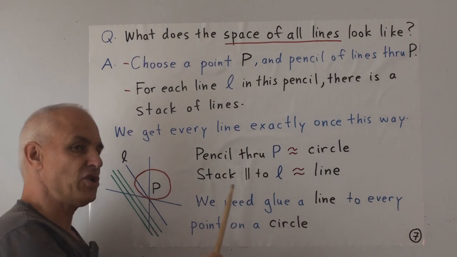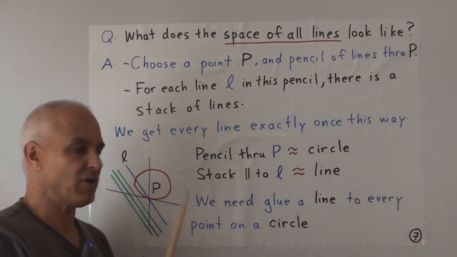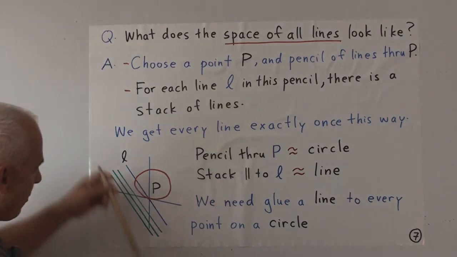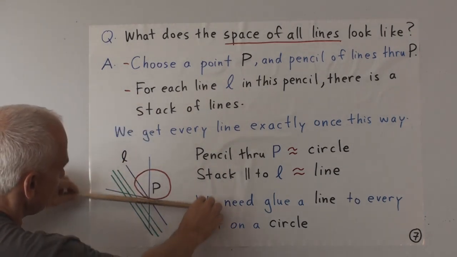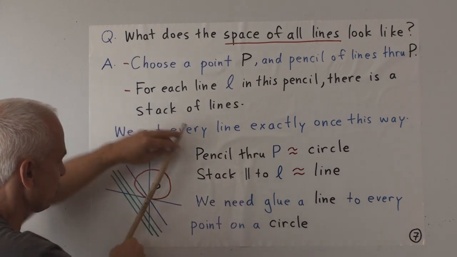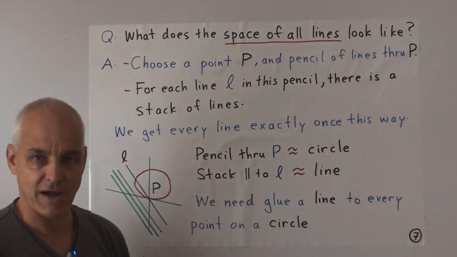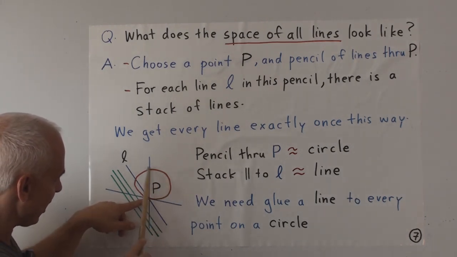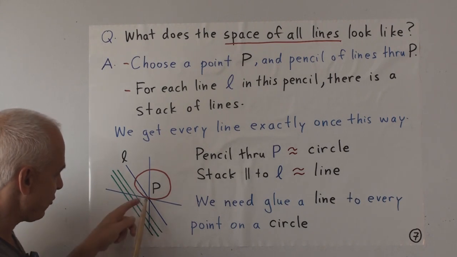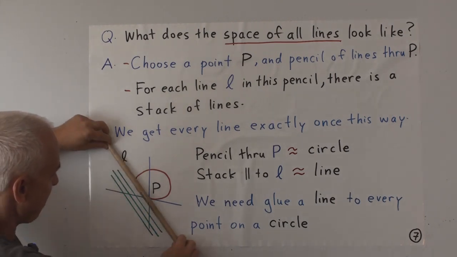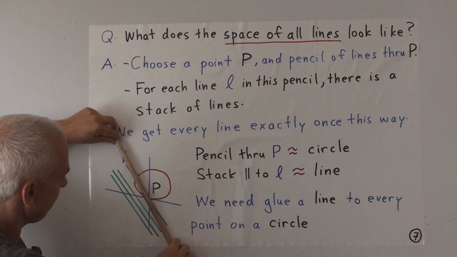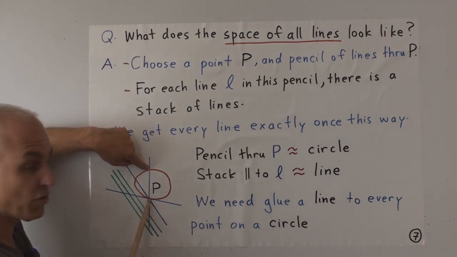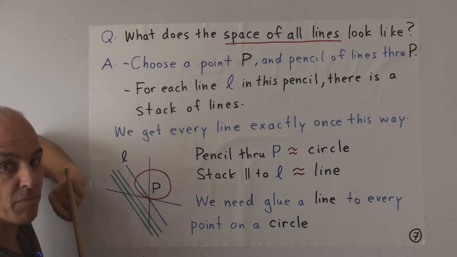So topologically or geometrically, what does the pencil of lines through P look like? Well, the lines through P naturally form a circle of lines. Why is that? Well, it's interesting to think about this circle here that I've drawn through P. If I draw that circle through P, then every line in the pencil at P intersects that circle, certainly at the point P, but also in one other point.